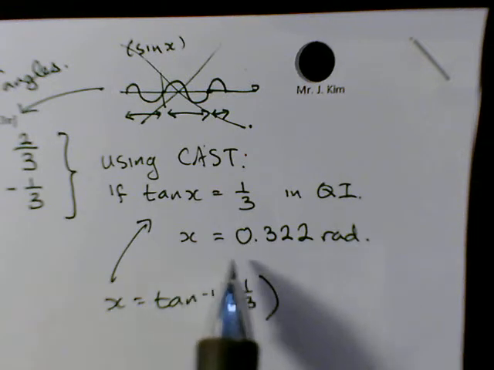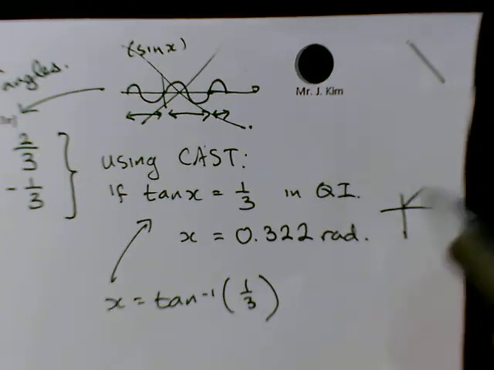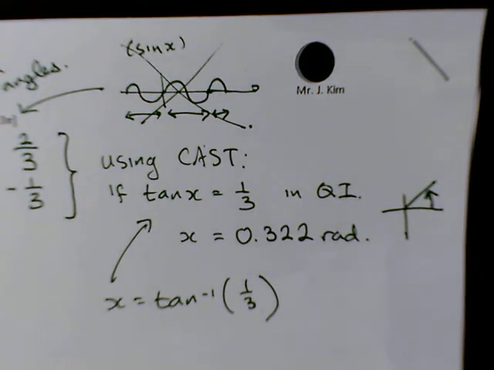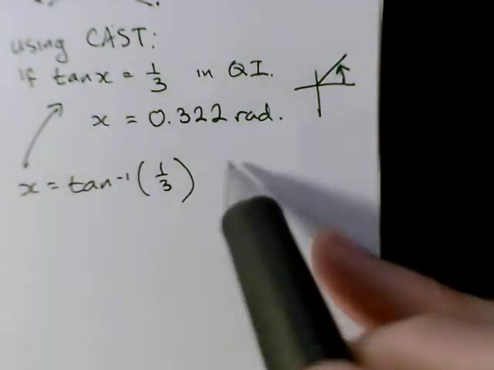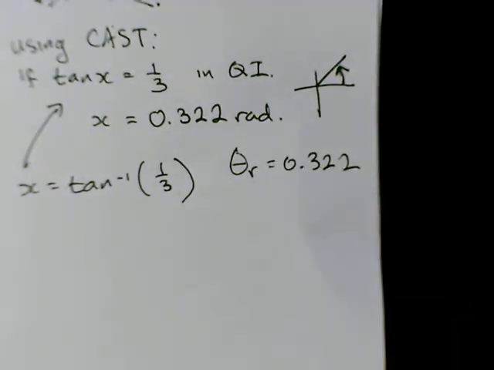So if this is supposed to be my radians in quadrant 1, that is right here, what would my angles be in quadrant 2 and quadrant 4? So what I'm trying to say is the related angle is 0.322. What is my angle for quadrant 2?